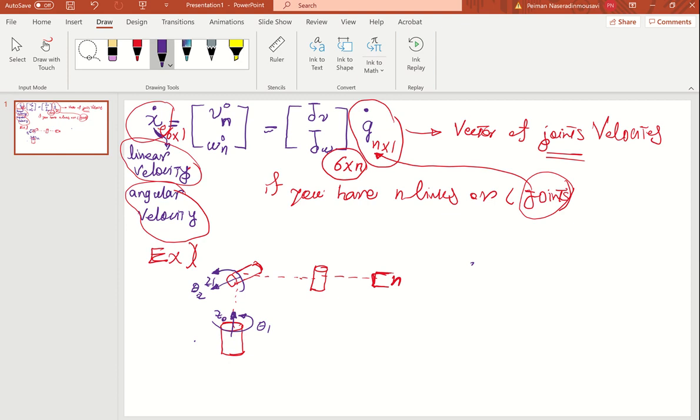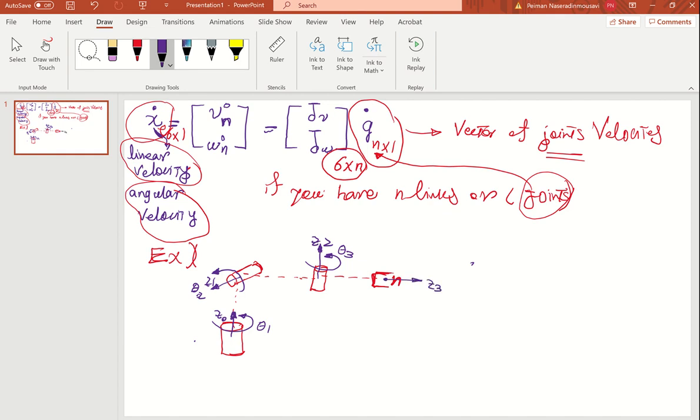Suppose this rotation is in this way, you're going to have theta 3 and z2. So z0, z1, z2, and obviously you have an end effector here, z3.